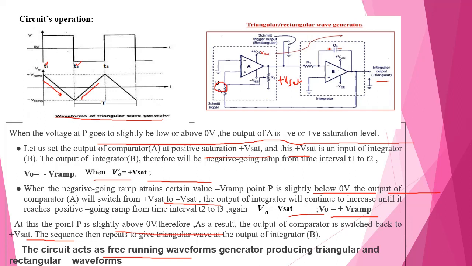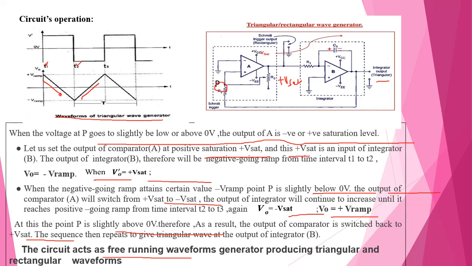Then at the output of the integrator, there will be a negative going ramp from T1 to T2, where T1 to T2 is the time interval of the negative going ramp.